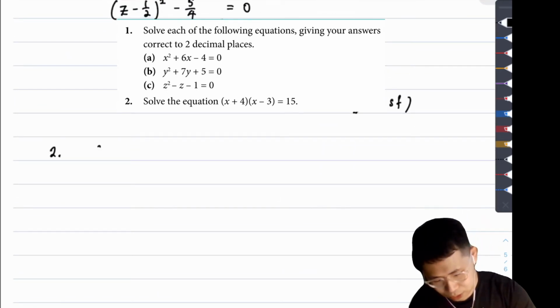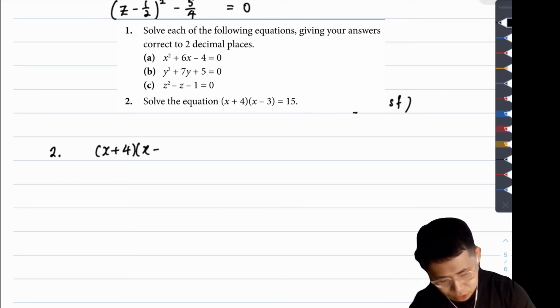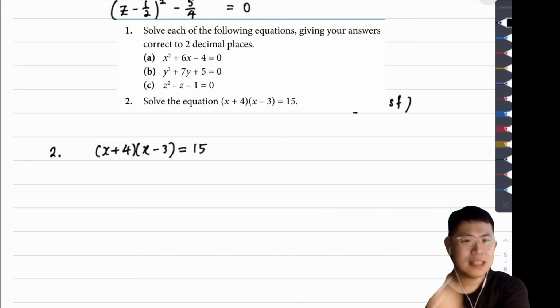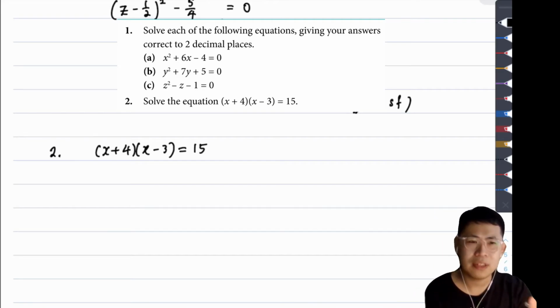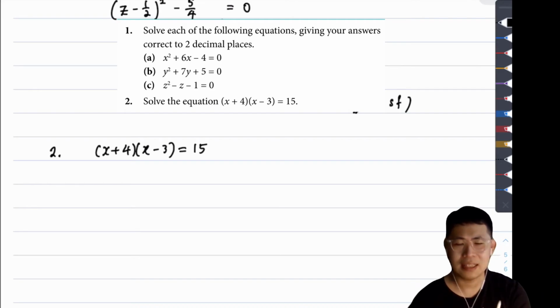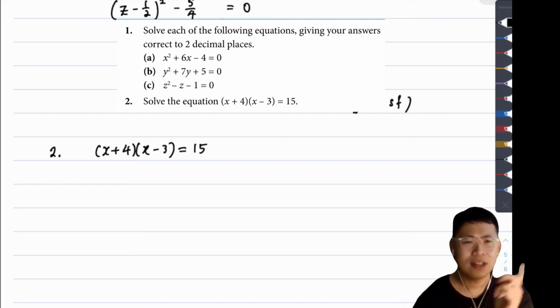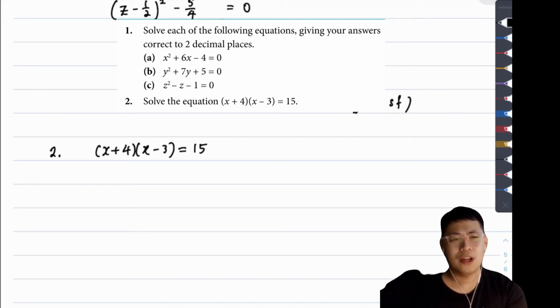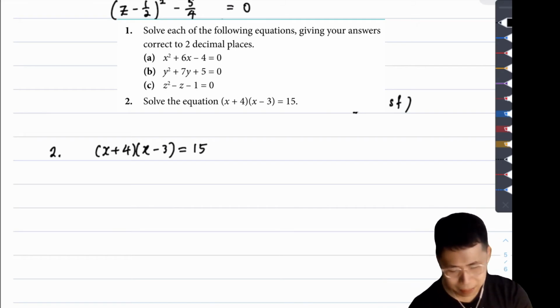So x plus 4, x minus 3 equals 15. We can't just say this equals 15 or that equals 15, because 15 is made up of different factors. It can be 1 and 15, or 3 and 5, so we don't know which is which. So we just expand nicely first.